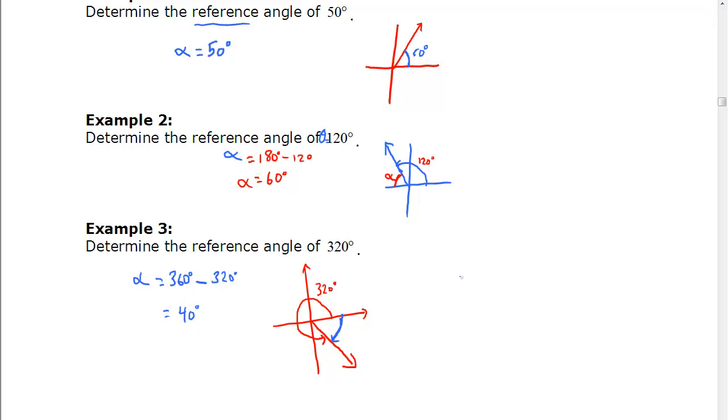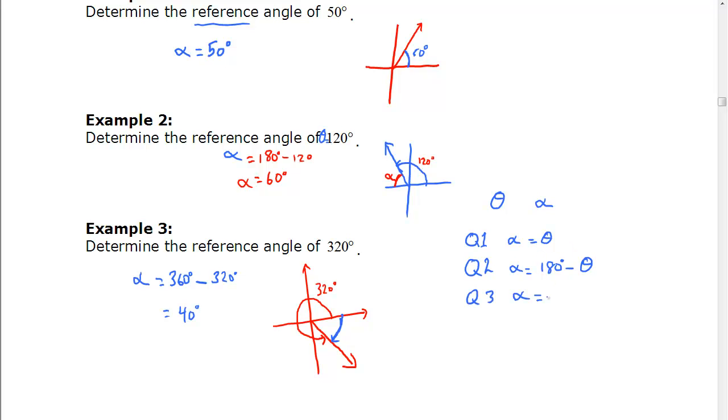And before we finish this lesson, I'm just going to give you a quick thing to remember here. If we're talking about an angle theta and a reference angle alpha, in quadrant 1, alpha is equal to theta. In quadrant 2, which is what we saw in example 2, alpha is equal to 180 minus theta.